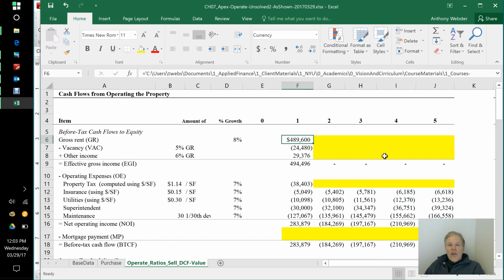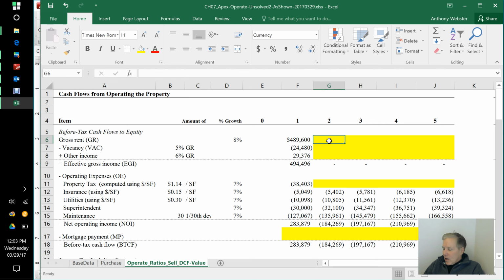Okay, so starting with gross rent, their assumption, optimistic assumption, is that the gross rent is going to grow by 8% a year. Okay, so in year 2, it's going to be equal to year 1 times 1 plus that 8%.